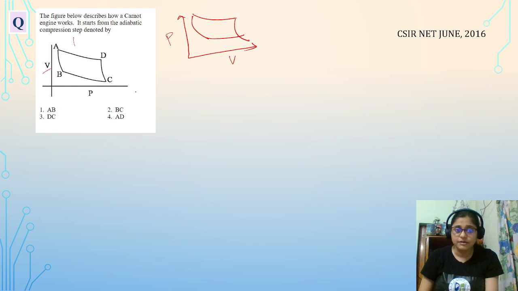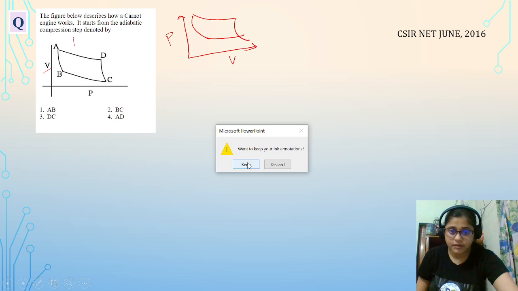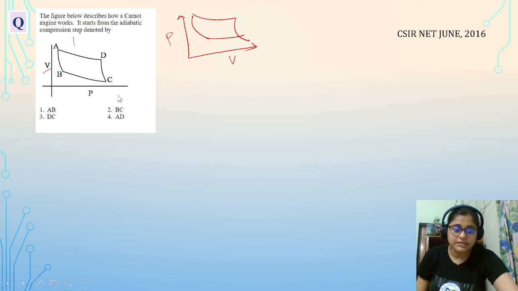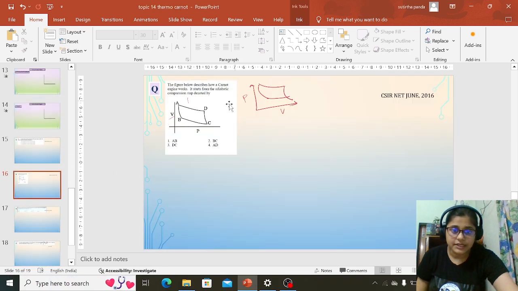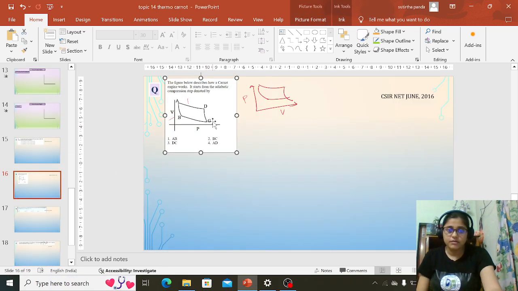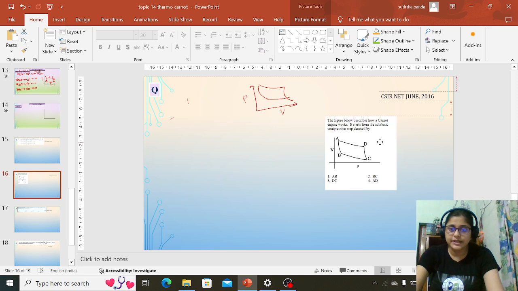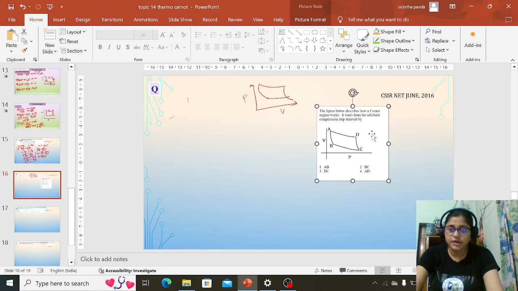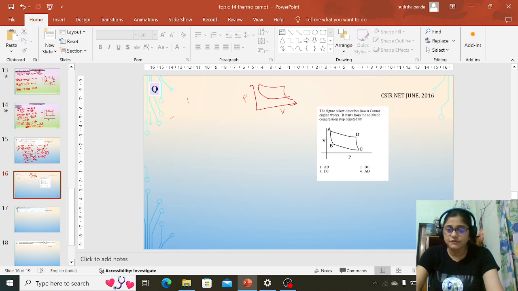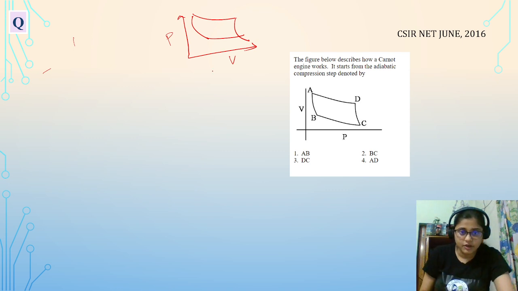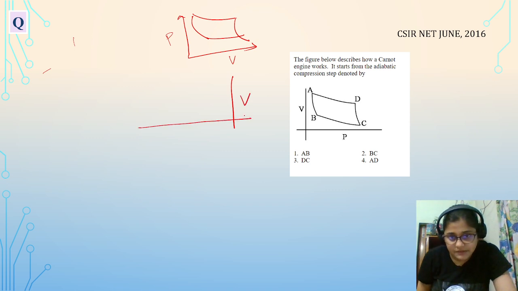First, we have to take the mirror image. It will be easier if I take this on the right-hand side. You all know how to draw a mirror image.